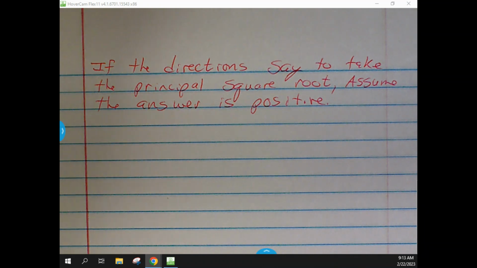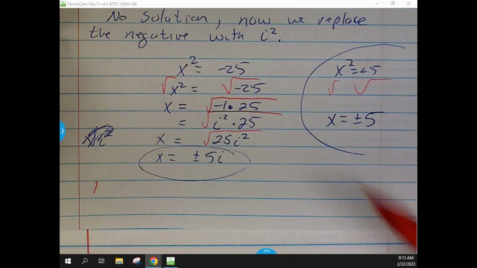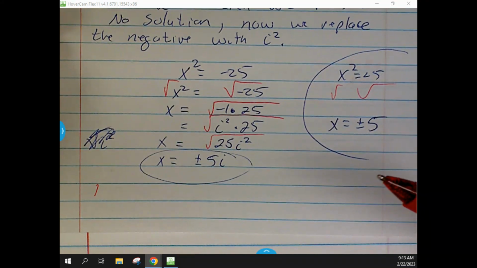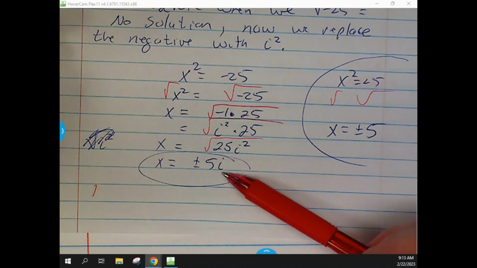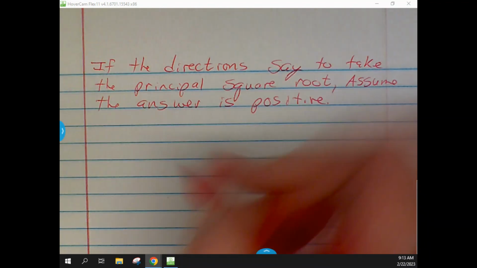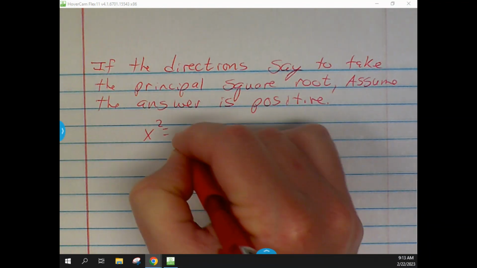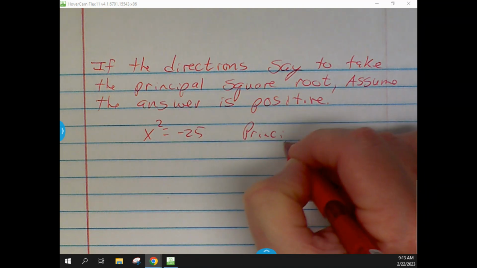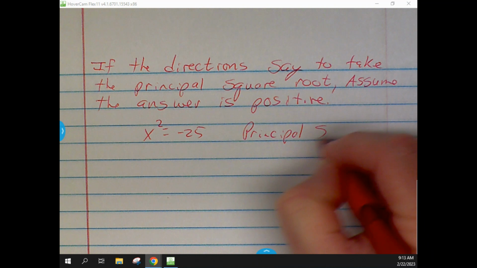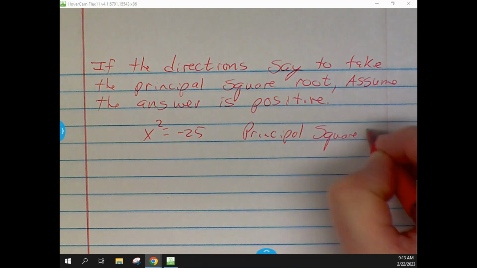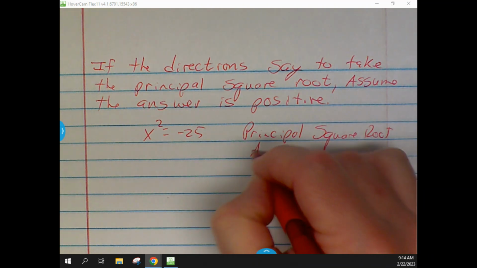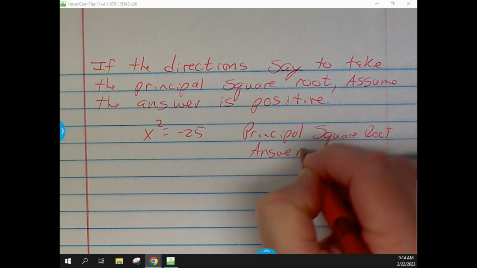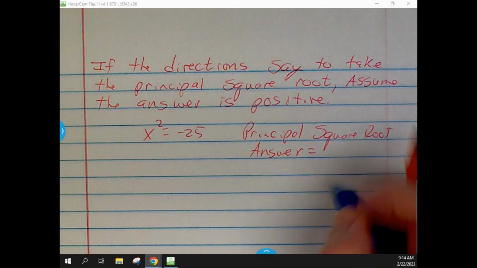So if we were doing this problem and they said, give me just the principal square root, then at the end, instead of putting plus or minus 5i, for x squared equals negative 25, the principal square root answer would just be 5i.